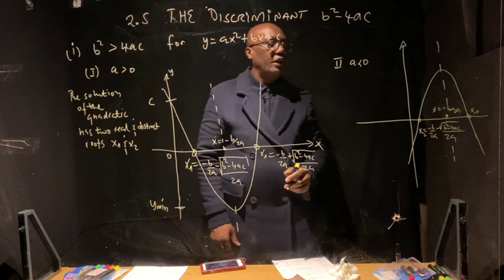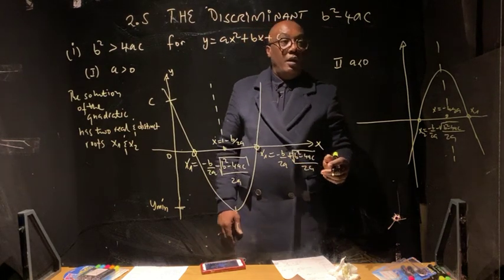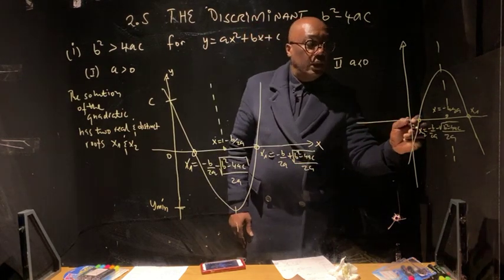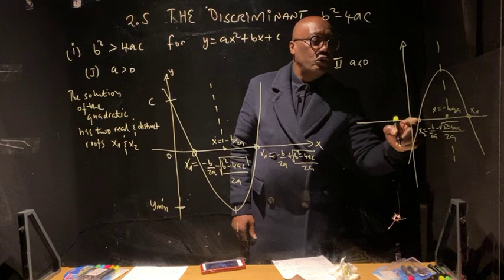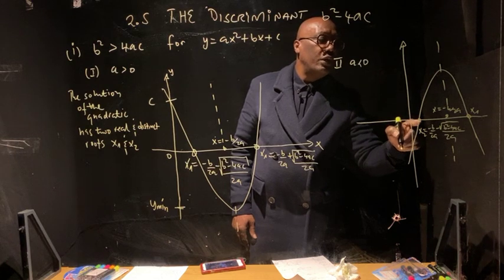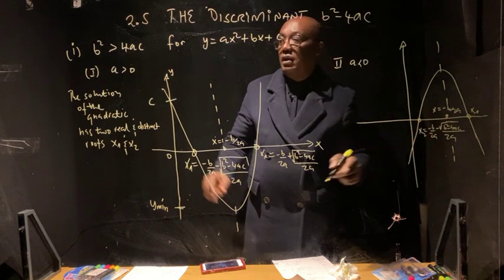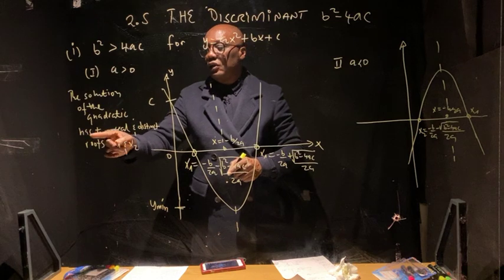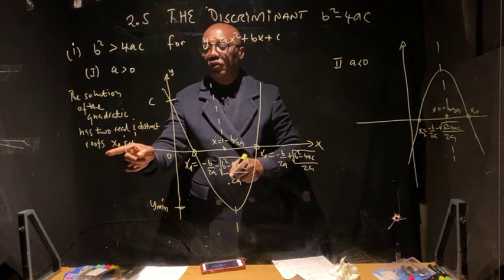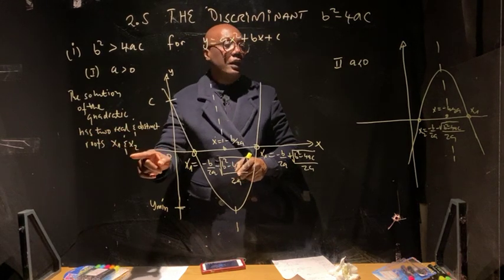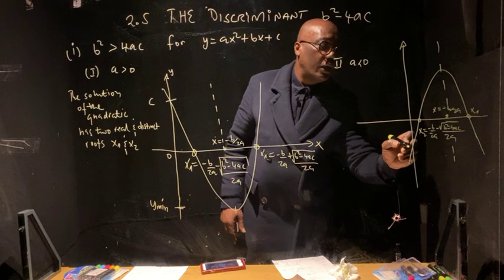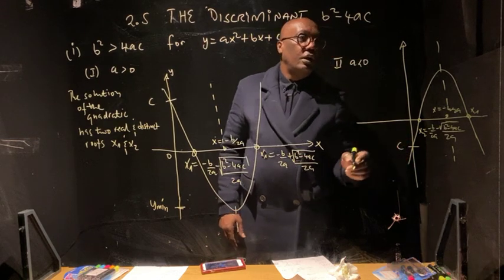This is the symmetry. So you can see the two real roots. They are two real roots, but they are different, being x1 and x2. This is the y-axis intercept.